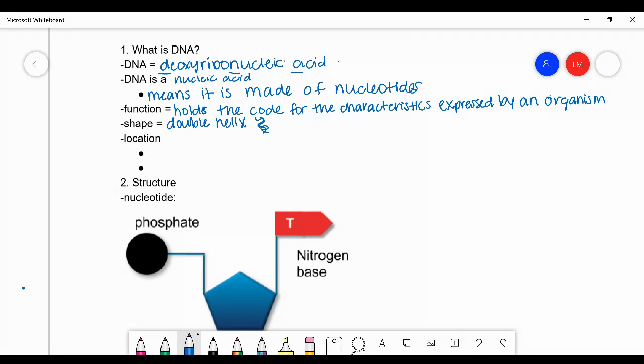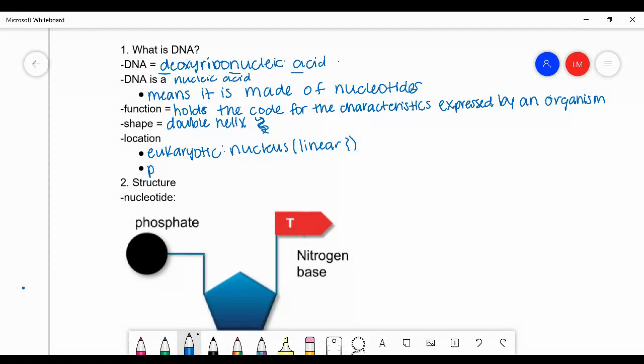The location of DNA is different depending on the cell type. So in eukaryotic cells, DNA is found in the nucleus, and it is linear. So it's a bunch of strands, but they're in linear segments.